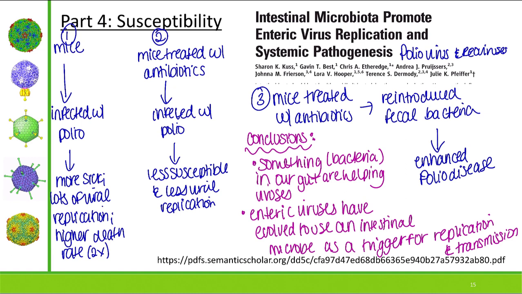Our immune system has learned to decrease its attack against those microbes because they are beneficial. And here we have these pirates of cells that are going to hijack our cells that have somehow evolved to use what is supposed to be helping us as a signal for transmission and replication. So to me, this is just absolutely and utterly amazing.